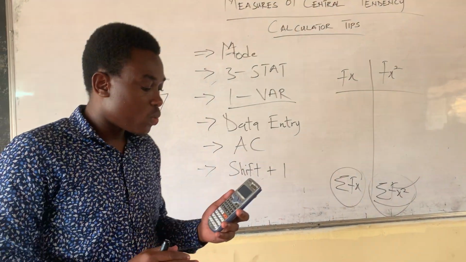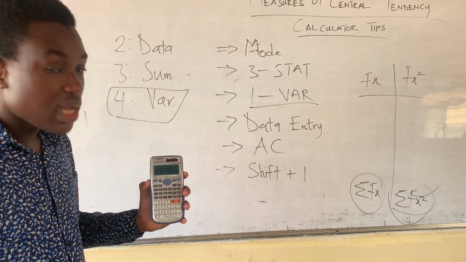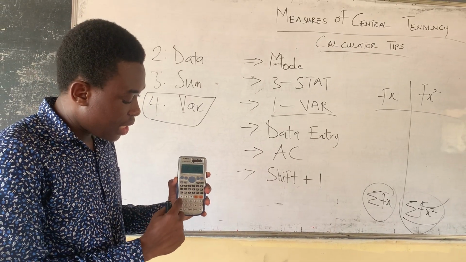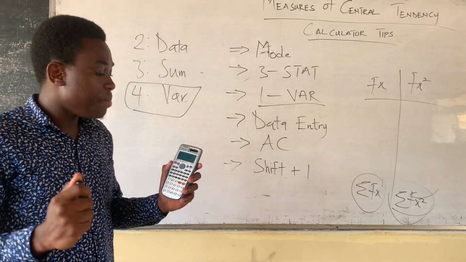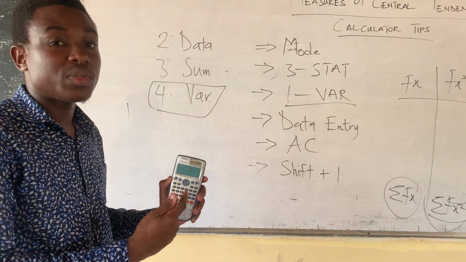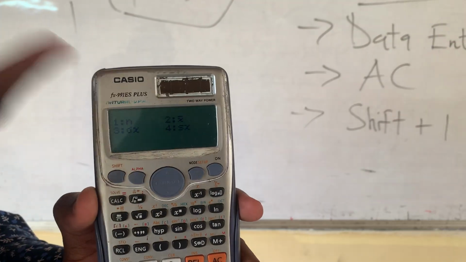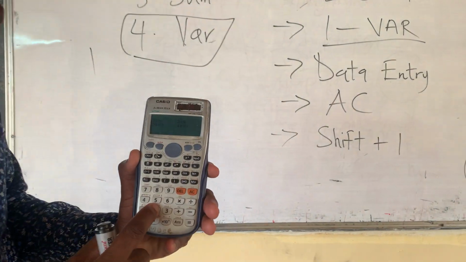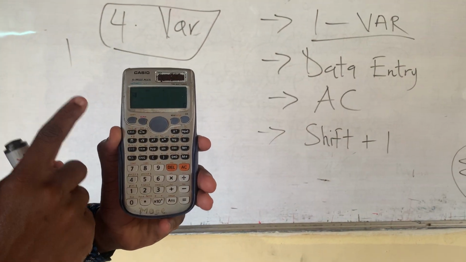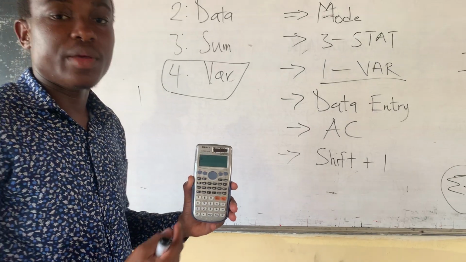So we go to shift and then 1. Then we go to 4, that is our VAR. And now we want to solve for the mean. So the mean is our X bar, which is the second option, option 2. So we are going to select 2. Then upon selecting 2, you press equal to get the value of the mean.